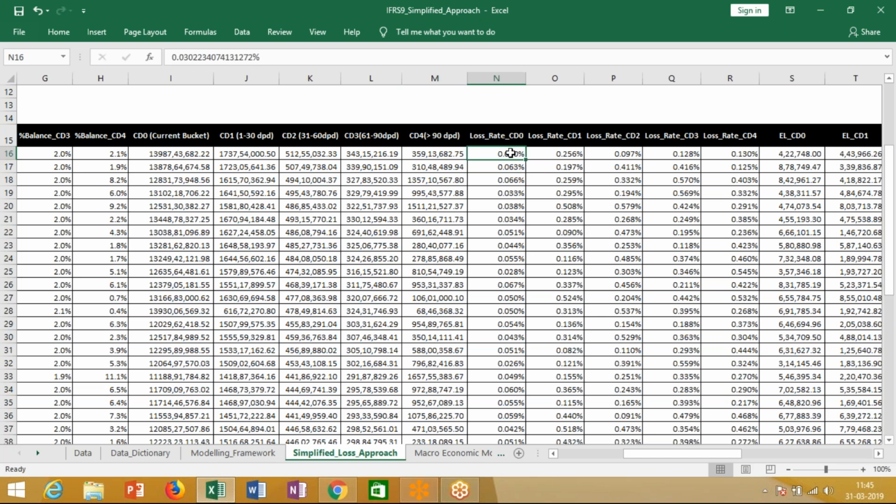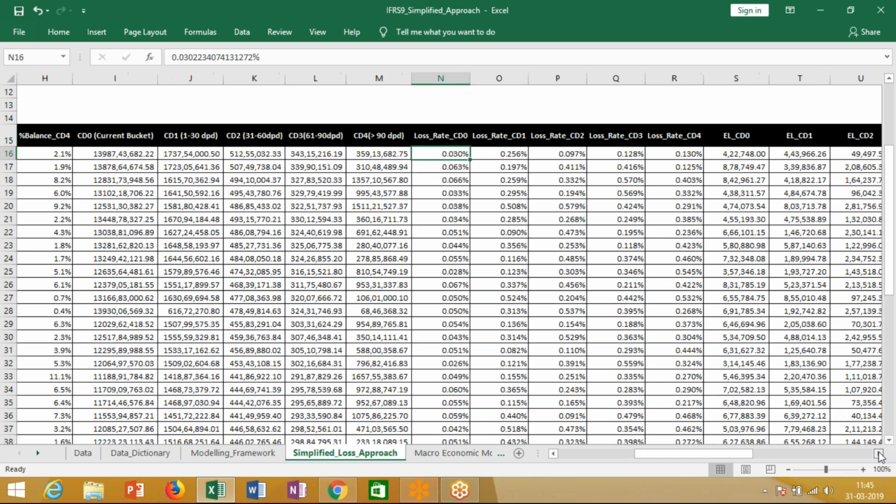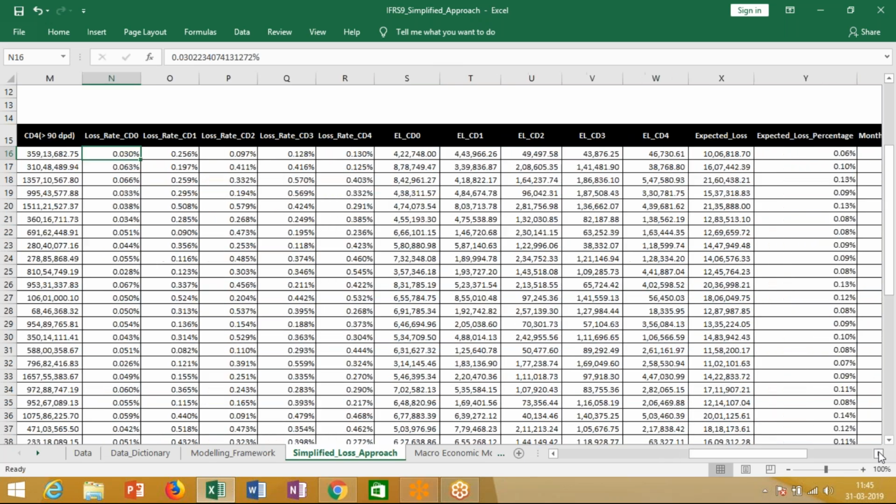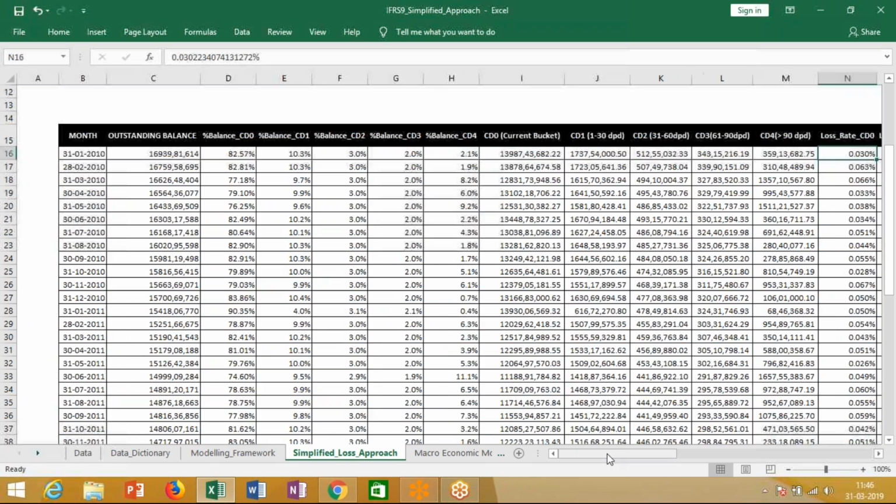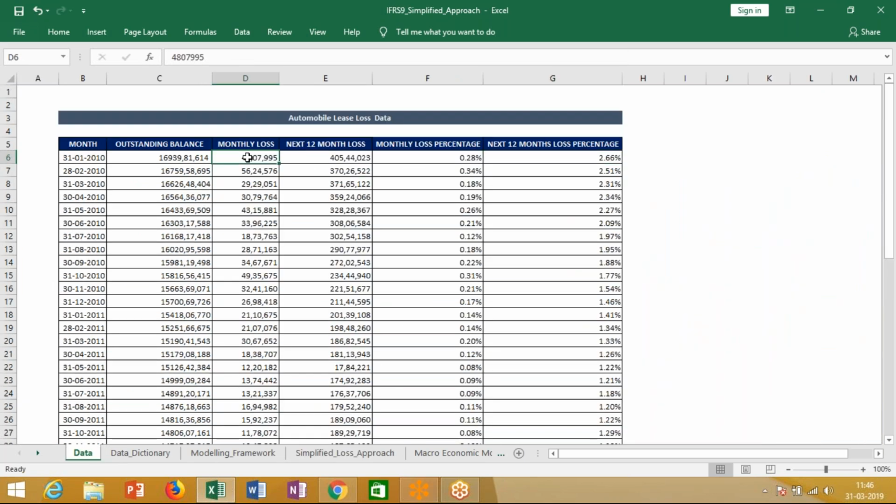And from here, what we get to see is how much of the balance flows to your loss bucket. So what is your loss bucket over here? Your loss bucket is the loss that you have on a monthly basis. If you go back to this data, this is your monthly loss. Out of the total balance, this is the amount which has gone down to loss.